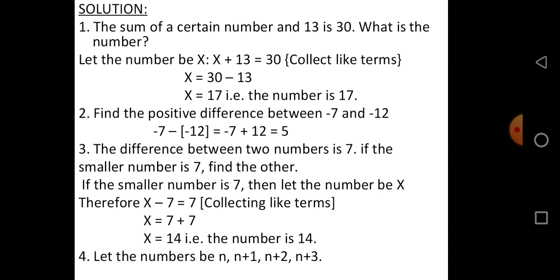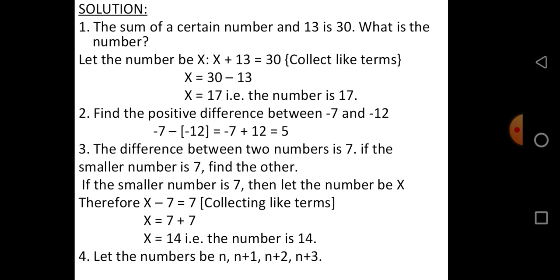That is, the number is 14. Looking at the question very well, you observe that it is 14 that you can remove 7 from to give 7, because 14 minus 7 will give you 7. So that is to say our answer is very correct.